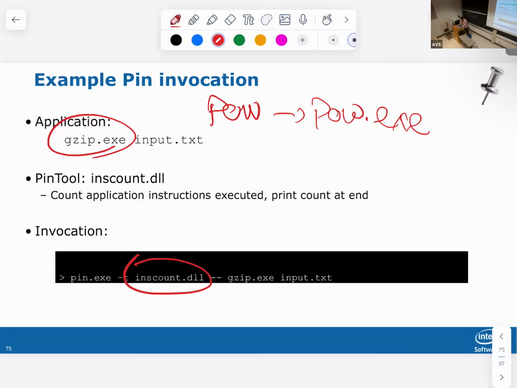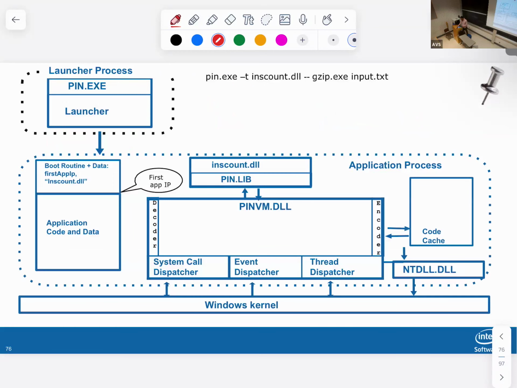So you feed it into this Pin tool with this DLL, and this would be the binary that you want to test. Of course, you might have some inputs to your binary as well. This is generally how the application would work. You don't need to understand all of this, but it works with your kernel to get your application process and a whole bunch of things going on in parallel with it, that gets the data from your binary and uses it with this Pin tool.